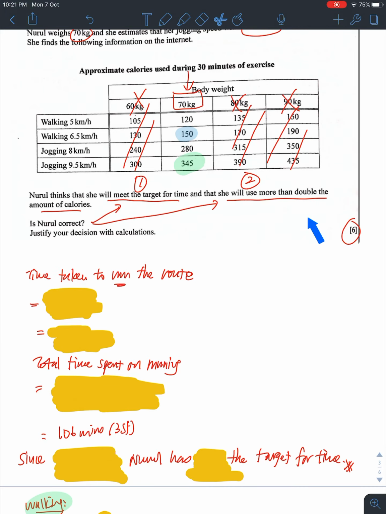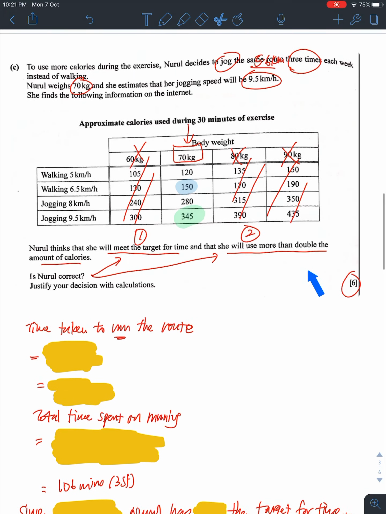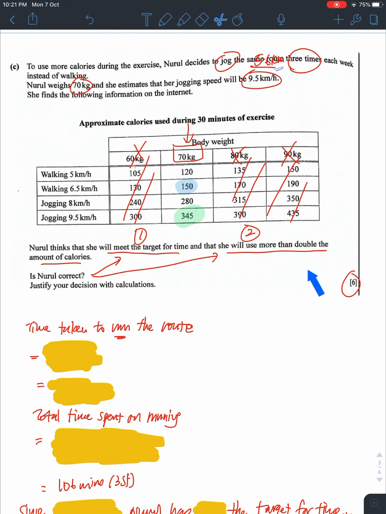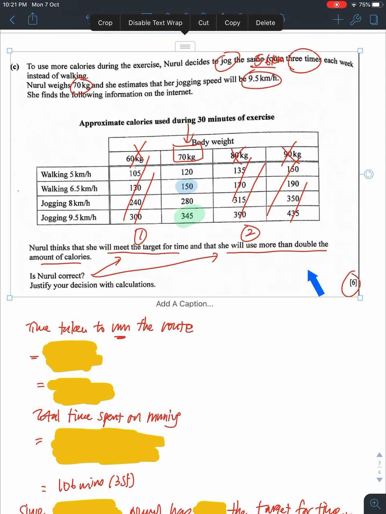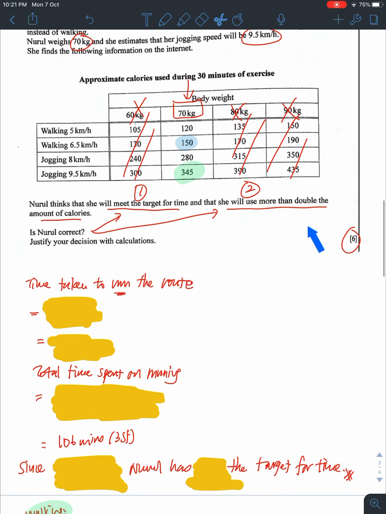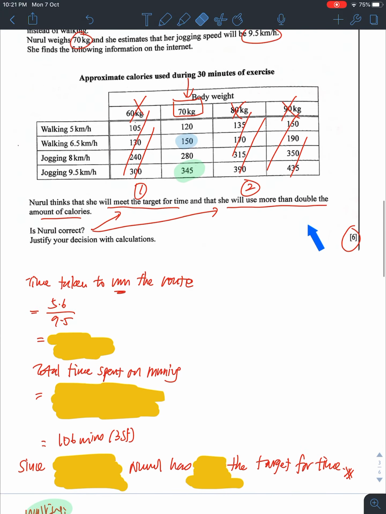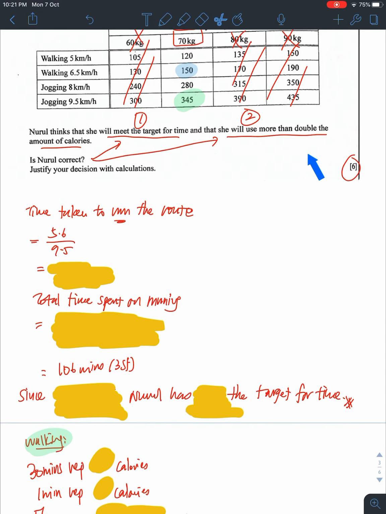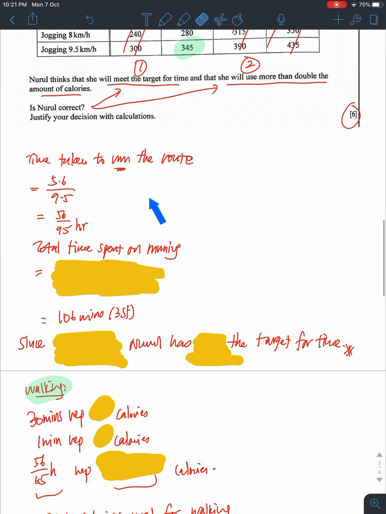The time taken to run the same route, 5.6 km, at 9.5 kilometers per hour: she should be spending this amount of time, which is 5.6, the distance, divided by the speed. Simplifying, we should get 56 over 95 hour.